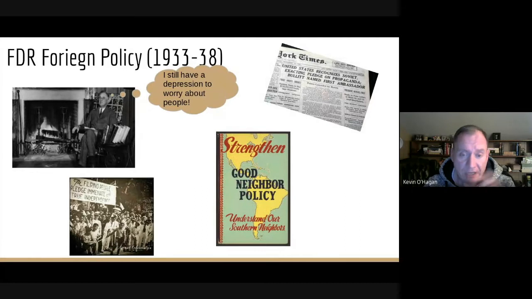For example, as you see in that beautiful image right there, his Good Neighbor Policy towards Latin America, which, side note, looks suspiciously like the policy that Hoover was actually following and historically doesn't get a lot of credit for. But anyway, FDR's Good Neighbor Policy was really a follow-up to the notion of the moral diplomacy that we saw Woodrow Wilson emphasizing. And it's fair to say that happy neighbors also make better trading partners, something that during the Depression really informed a lot of the foreign policy that Roosevelt embraced.